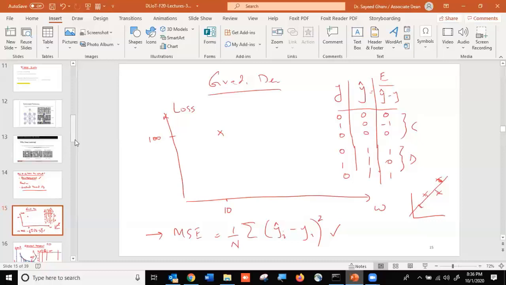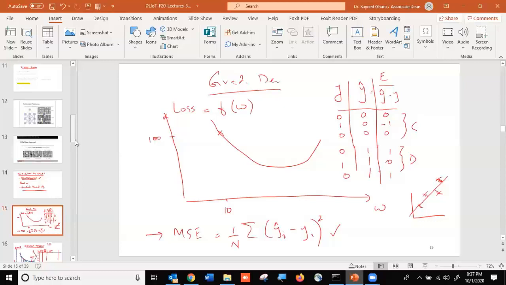Now the question is, what should we do? Should we increase W, should we decrease it, by how much should we change it, and so on? Now, if you can figure out an equation that tells you the relationship between the loss as a function of W, then you can plot it, okay? And suppose that we get an equation which looks something like this, all right?